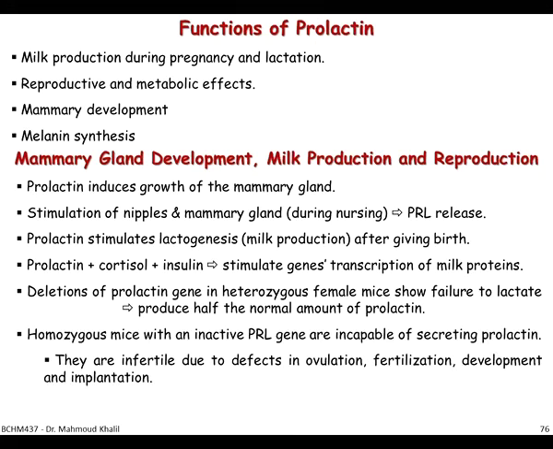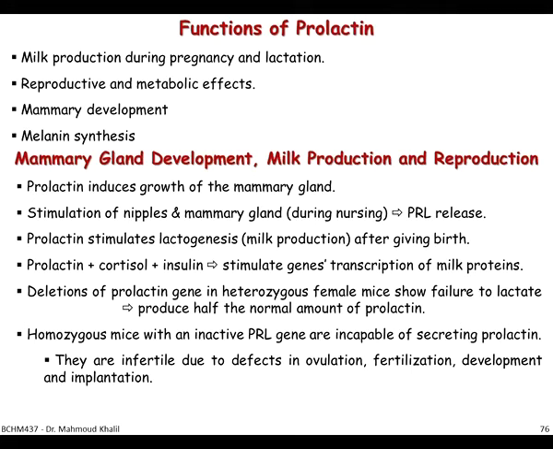In case of homozygous mice with inactive prolactin gene, they're actually incapable of secreting prolactin, and they will be infertile. So you see here the connection between the prolactin and fertility.